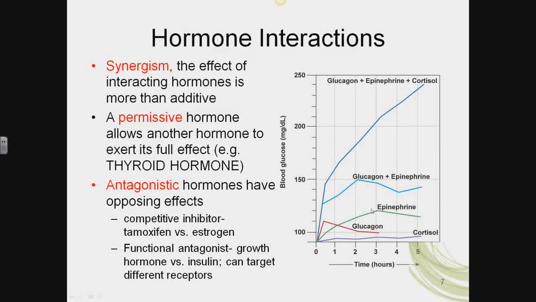If we were just to add the 3 responses of the 3 hormones individually added together, we might predict something going in between the curves of glucagon plus epinephrine versus glucagon plus epinephrine plus cortisol. Clearly, when all 3 are working at the same time, there is a greater response with the blood glucose levels rising very, very well.